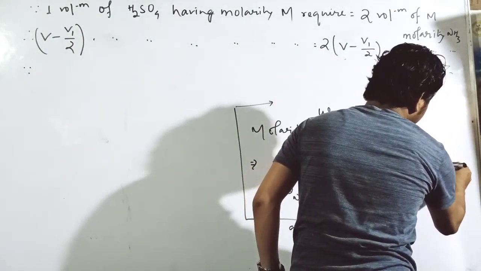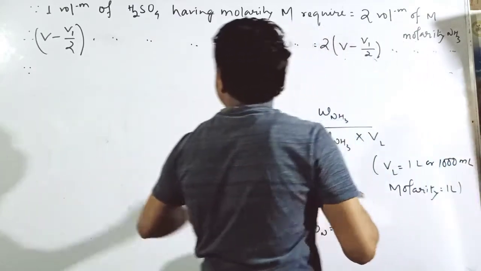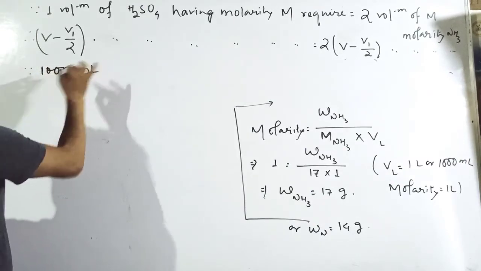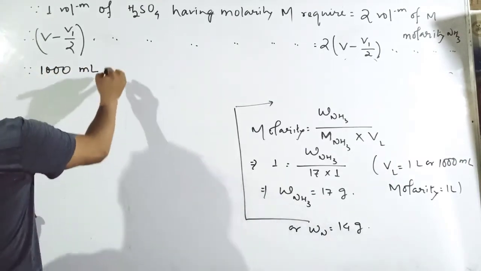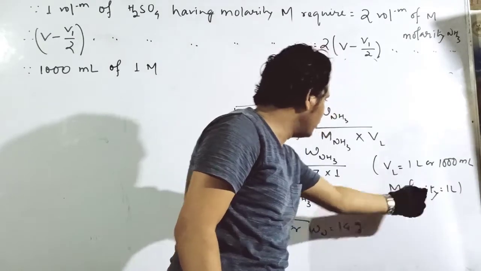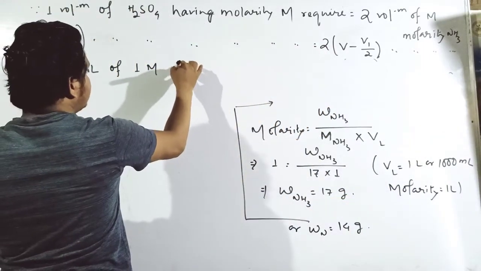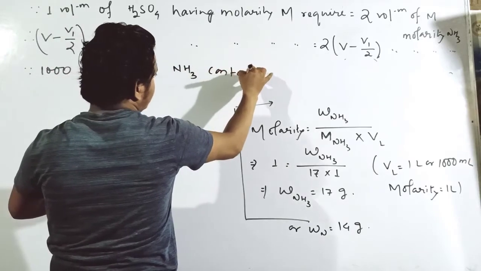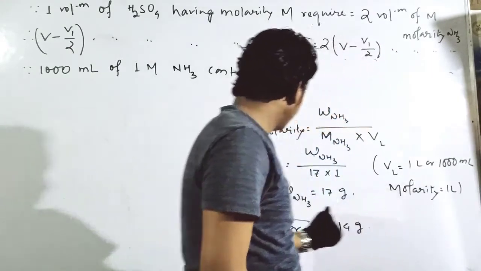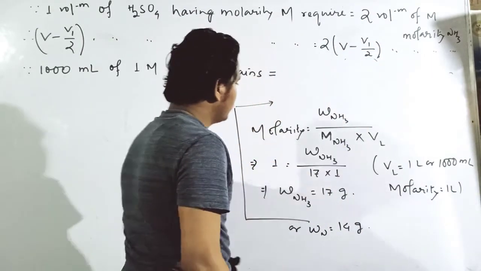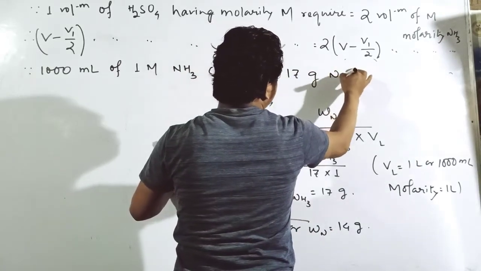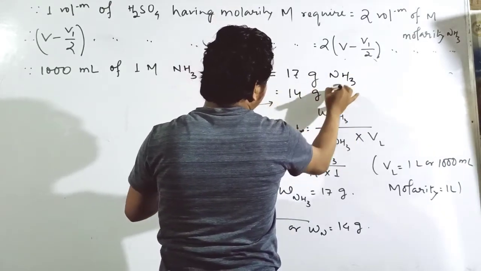So if we consider these 2 points, since 1 liter or 1000 ml are the same, we can say that 1000 ml of 1 molarity NH3 contains 17 gram of ammonia, or 14 gram nitrogen.